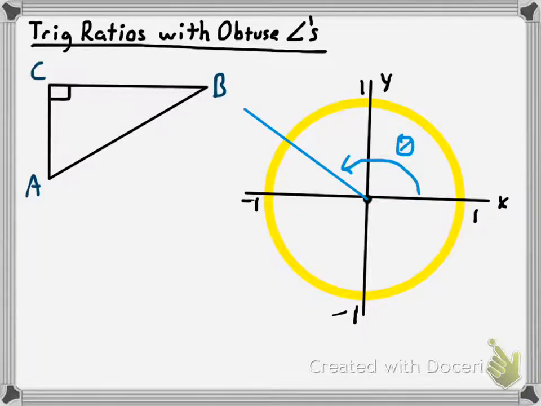Remember that the point where an angle in standard position intersects the unit circle can be formed into a right triangle simply by drawing a perpendicular directly from that point of intersection to the x-axis. So there's the right triangle that we would be working with here.